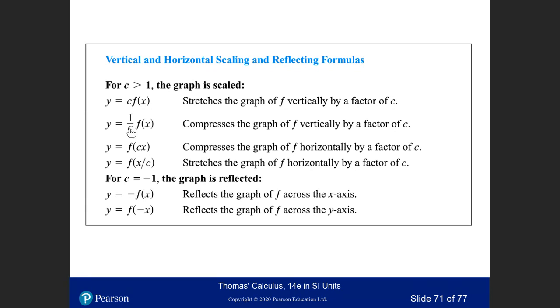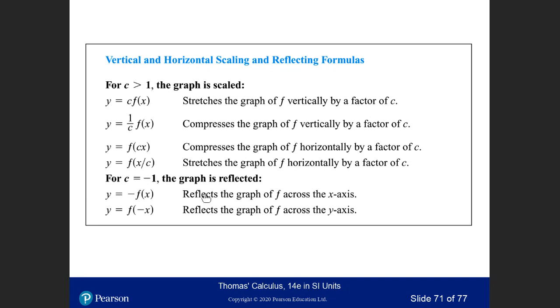And multiplying by 1 over c compresses the graph vertically by a factor of c. Now, if you multiply the independent variable by c, this compresses the graph of f horizontally, it pushes the graph towards the y-axis. Now, if you divide by c, it stretches the graph horizontally.